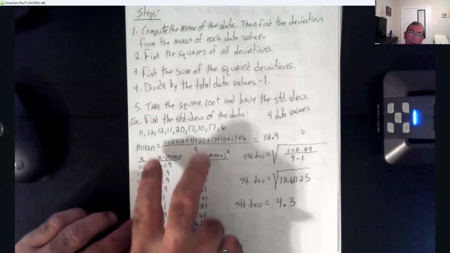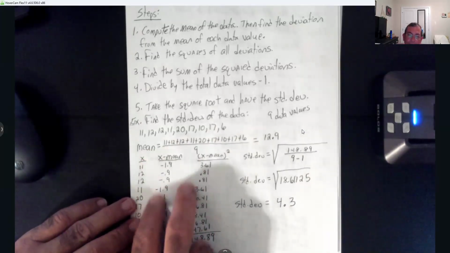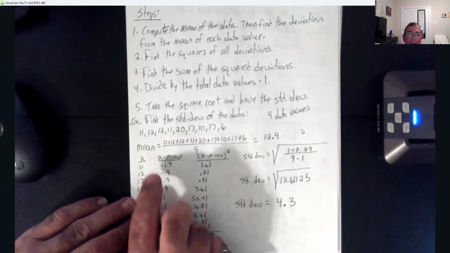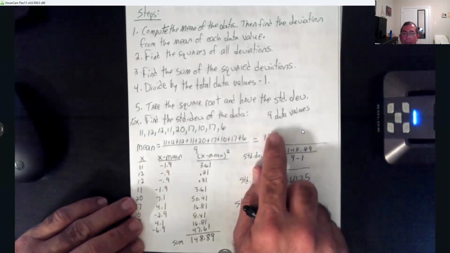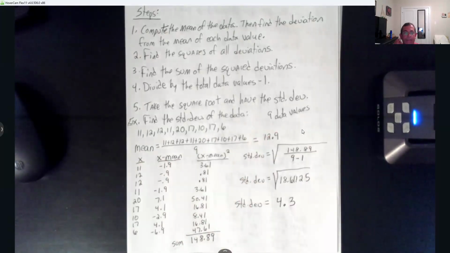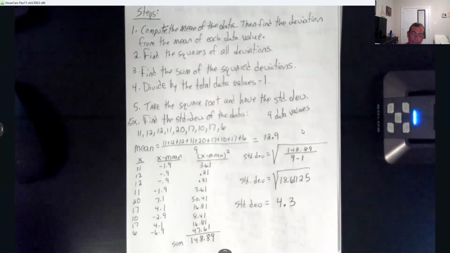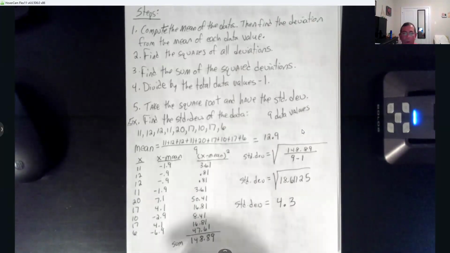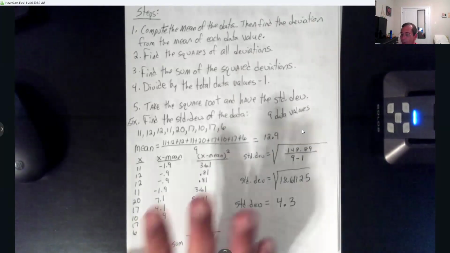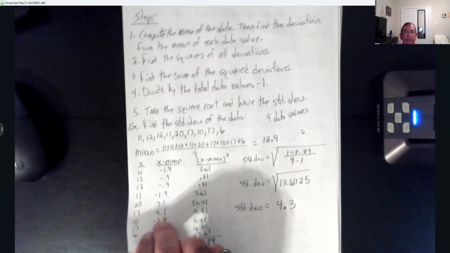So that means on average, all my data points were about 4.3 units from that 12.9, okay? Now, y'all, questions on that? So that was your standard deviation stuff.